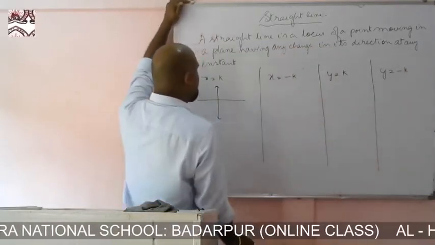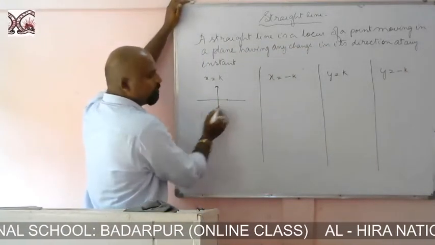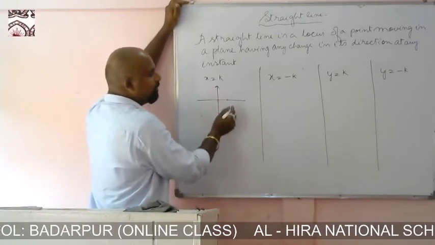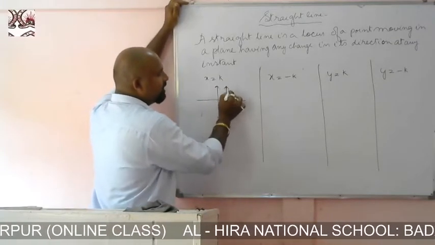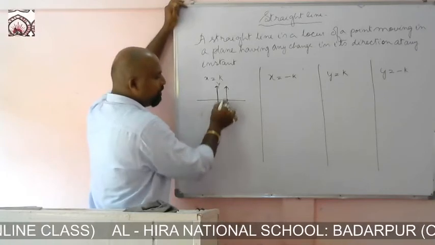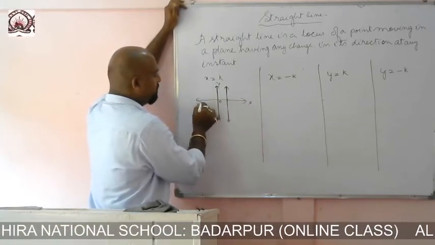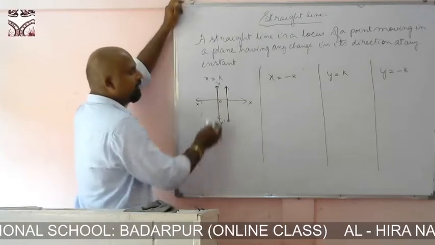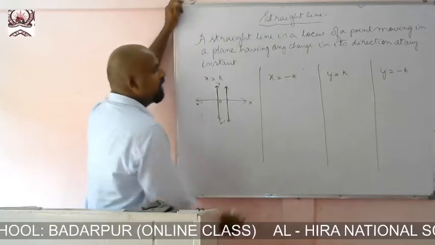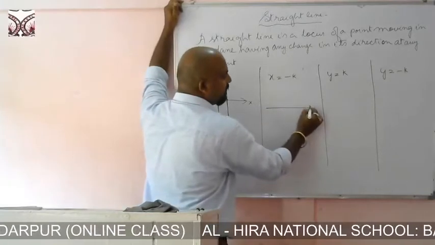Okay. Now x = k, where the value of k is positive, will be parallel to the y-axis. It will be parallel to the y-axis. If x = -k, what does it indicate?